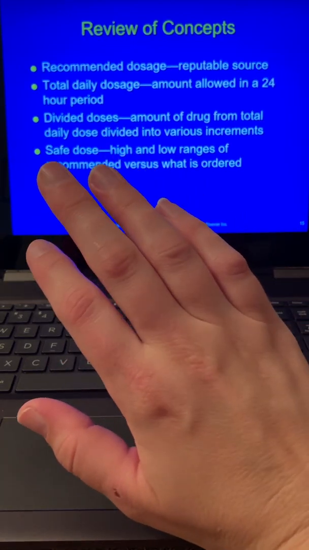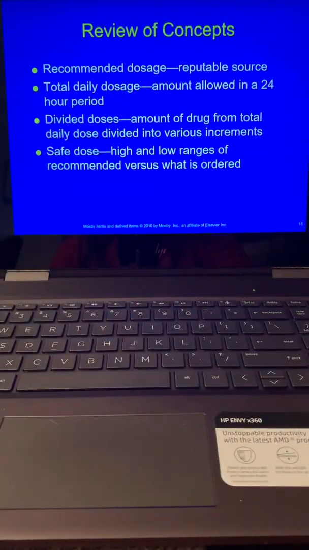Your safe dose range is going to be the high and the low range of what's recommended. So you might have something that says it's recommended to give 5 to 10 milligrams per kilogram per day. So you have to find that range. You have to find the high end and the low end. And then you're going to get your total amount for the day, and then you have to divide it by however many doses you're giving in that 24-hour period.